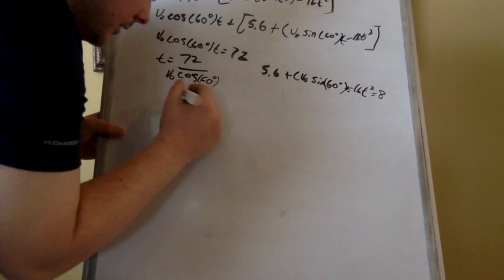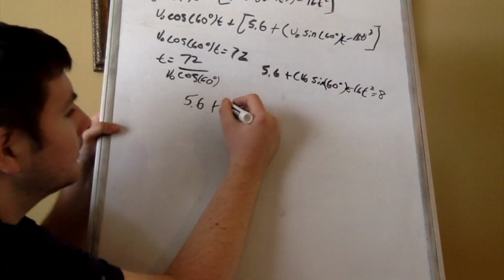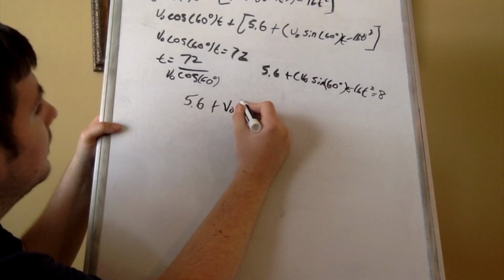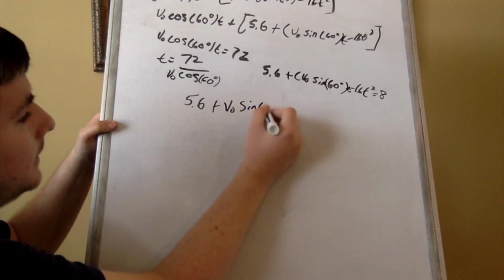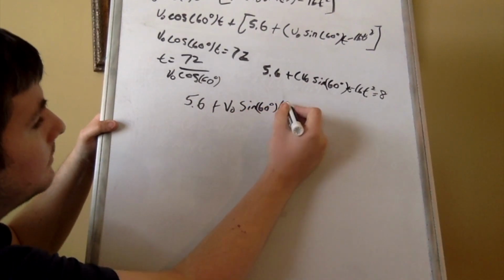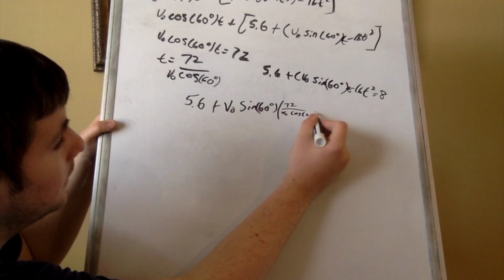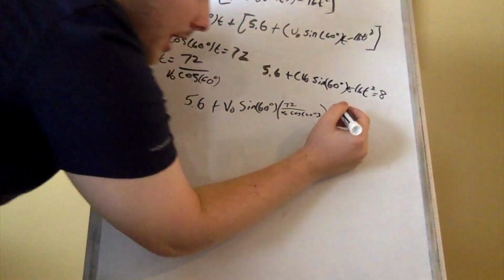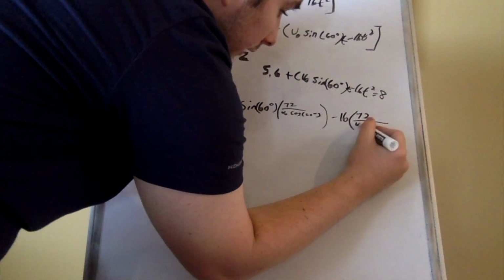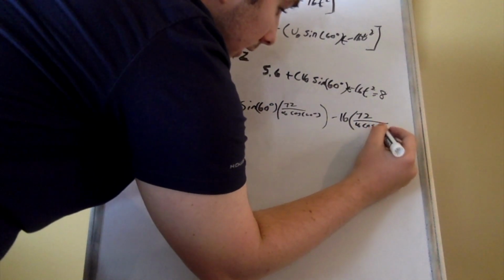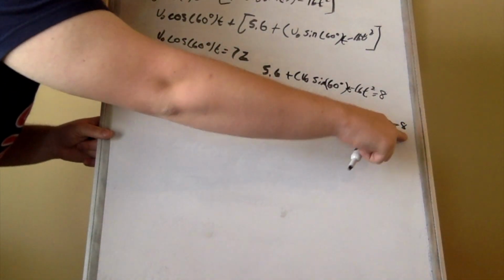So now we're going to start the problem with 5.6 plus the V naught of sine 60 degrees times 72 over V naught cosine 60 degrees, and then minus 16 times 72 all over V naught cosine 60 degrees, squared, equals the 8 as the height of the ball where it entered the rim.